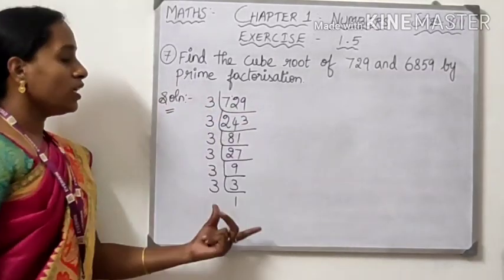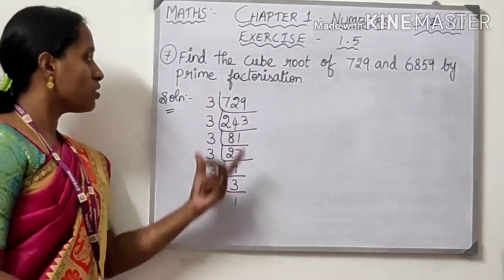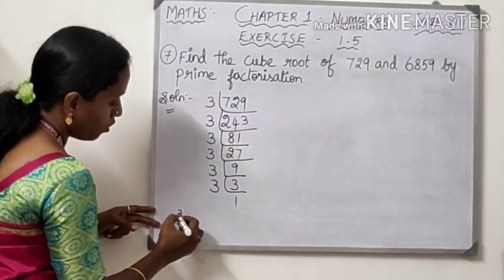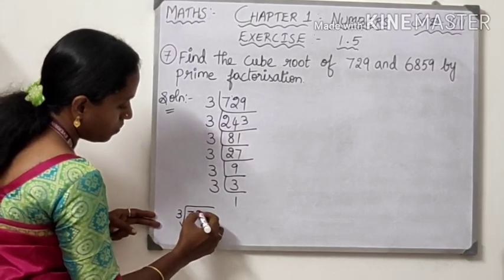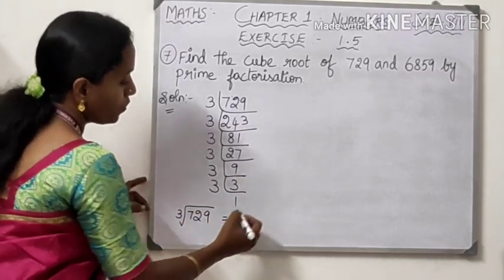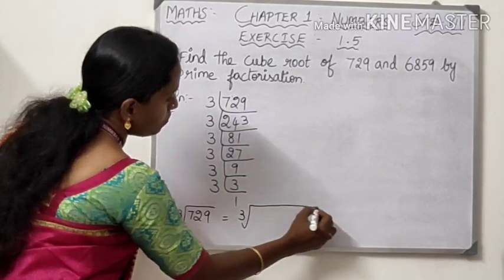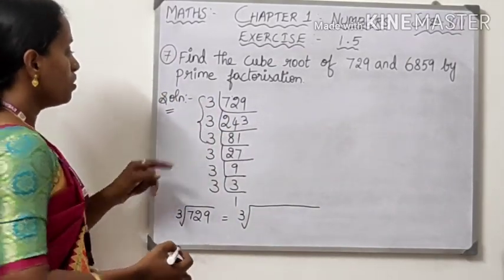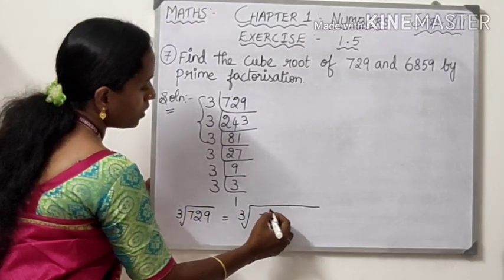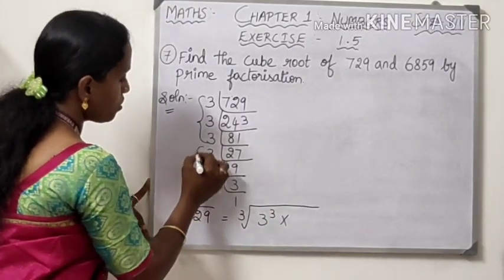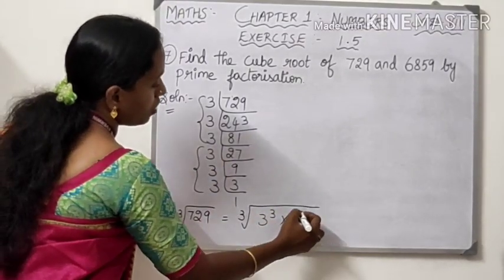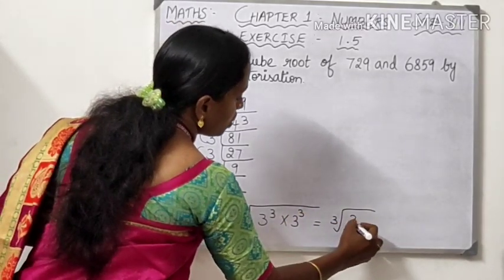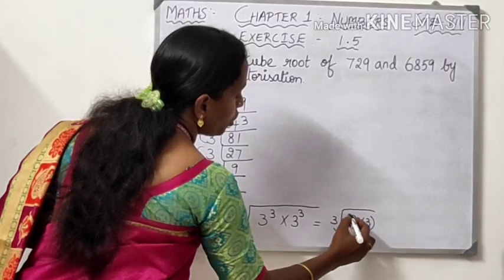So we are going to find out the cube root separately. So for this 729, what is the cube root? So cube root of 729 is equal to cube root of, you can make a triplet here itself. So here 3 power 3 into here also 3 power 3. So this can be written in the form cube root of 3 into 3 in the whole cube.